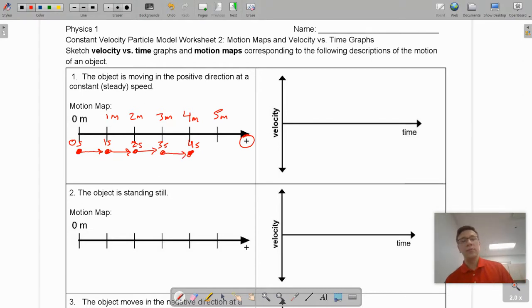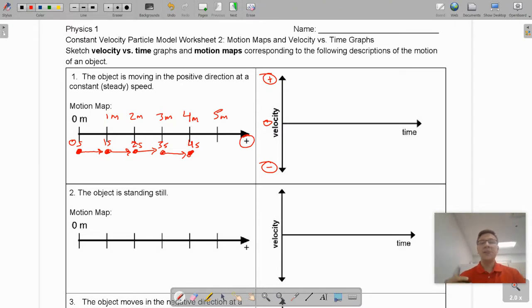Because it's traveling at 1 meter per second based on the way that I drew it. Again, for the velocity versus time graph, we don't know exactly how fast it's going. All we know is that it's moving in the positive direction. So if this is 0 right here, this would be the negative side. This would be the positive side of the graph. So as long as you draw this as a line on the positive side, we're good to go.